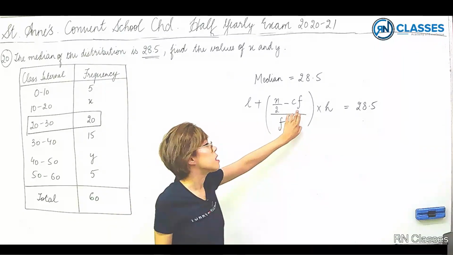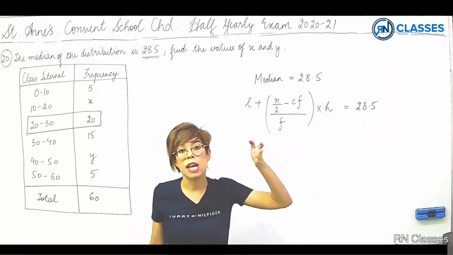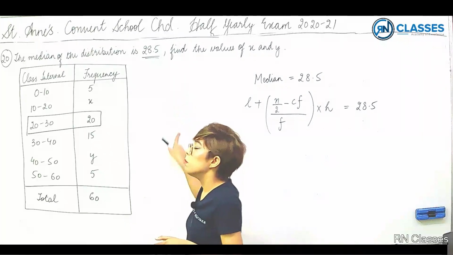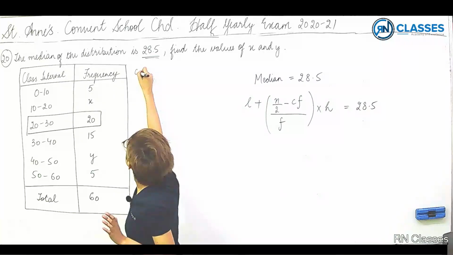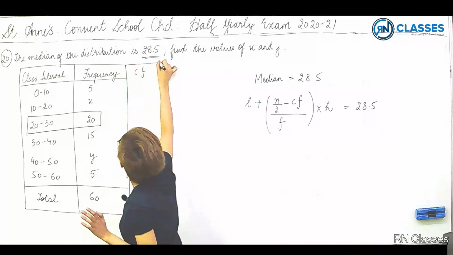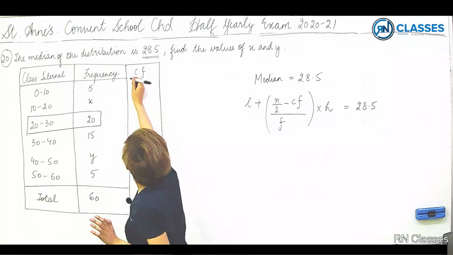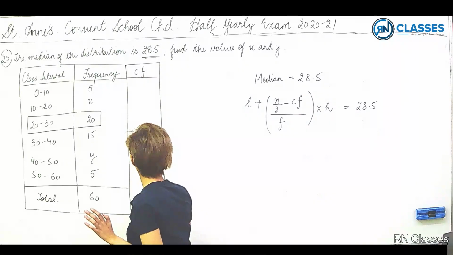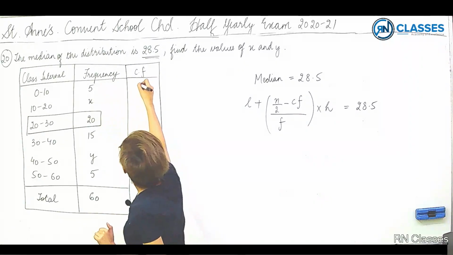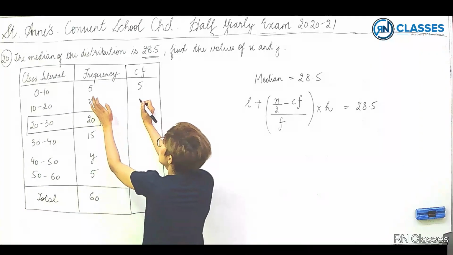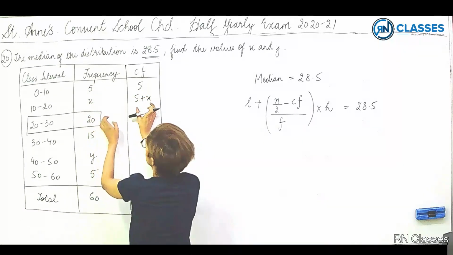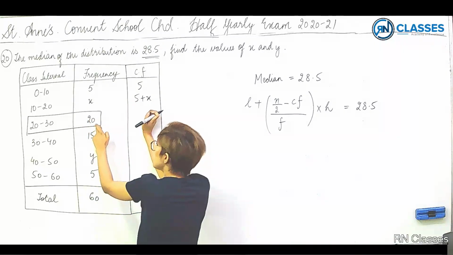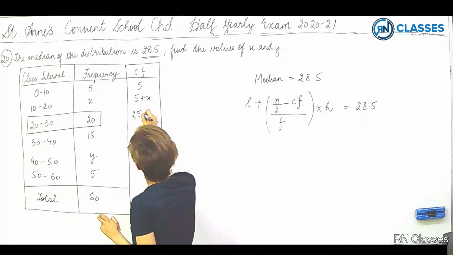Then cumulative frequency of the class preceding it. So that means we need to make a column for cumulative frequency. So let's make it. Cumulative frequency, I'm writing it like this. So this is 5, and then next will be 5 plus x. Then next will be 5 plus x plus 20, so that is 25 plus x.